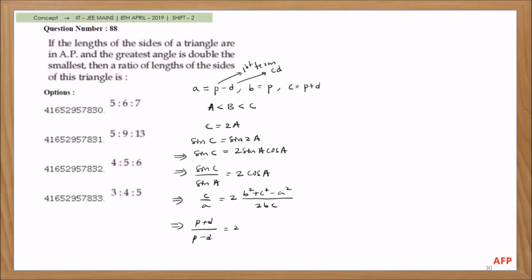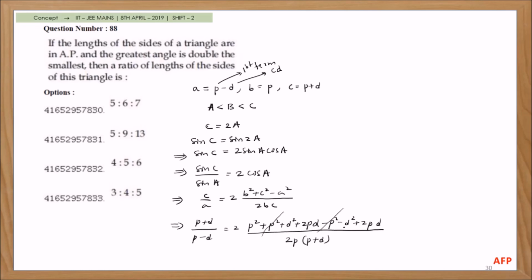So b square is p square, and c square is p square plus d square plus 2 times pd. Next, minus a square means minus p square minus d square plus 2 times pd, whole divided by 2 times b, which is p here, and c, which is p plus d. Now we go for cancellation.